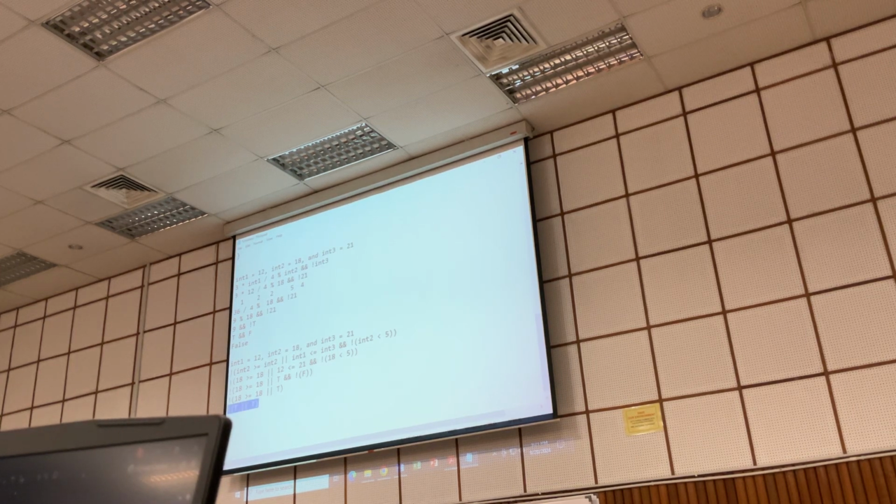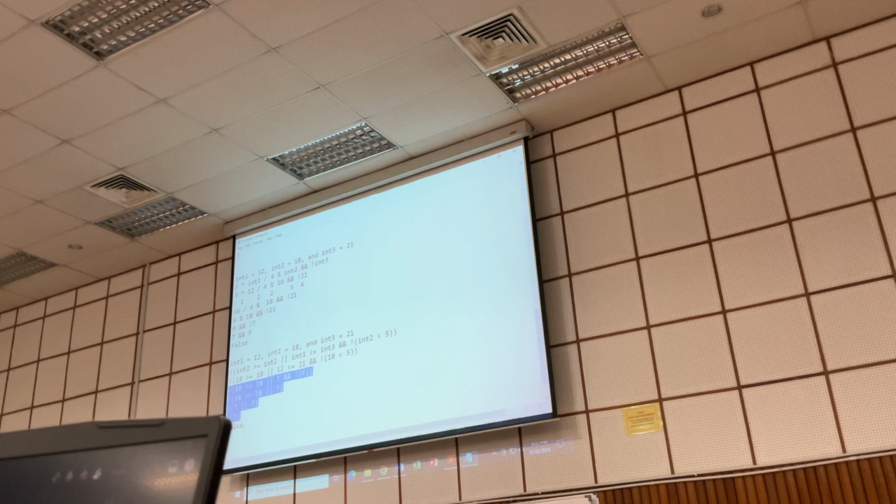True and true will become true. Not true, the answer is false. Okay? So 4 marks, this is 4 steps, 1 answer, 3 marks. Okay? Right. Okay, so next one.